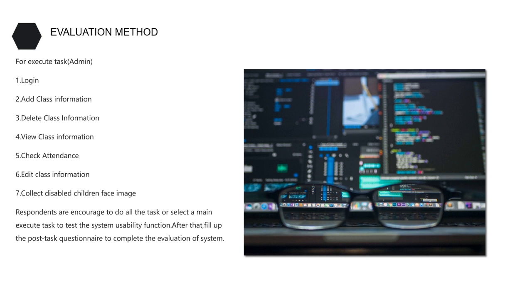They can collect the face image through the manage page, and they must call the disabled children to stand in front of the camera. Then if the admin clicks the collect page, the camera will turn on and take a photo of the disabled child.